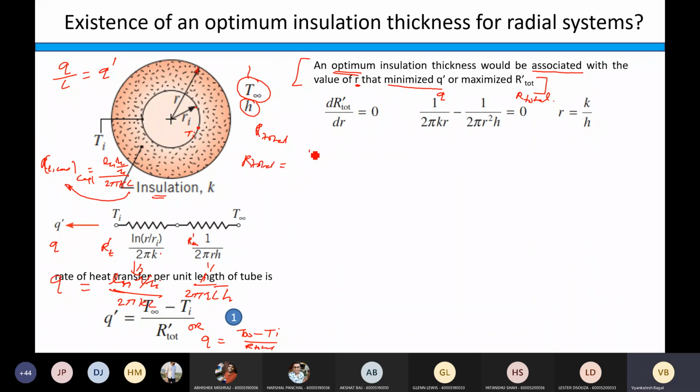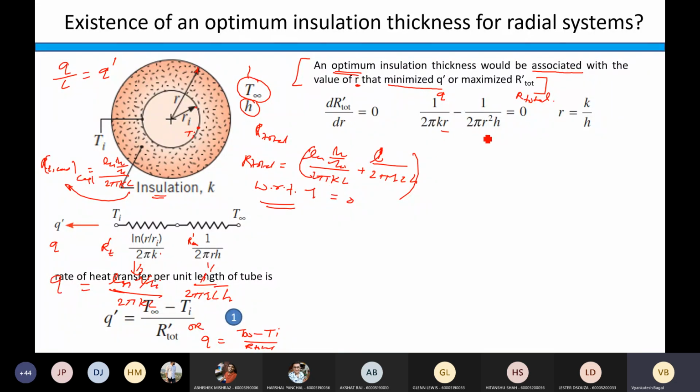So R total is ln r by ri divided by 2 pi k L, plus 1 upon 2 pi r L h. R total is the sum of these two, no? So we have to differentiate this with respect to r and equate it to 0.